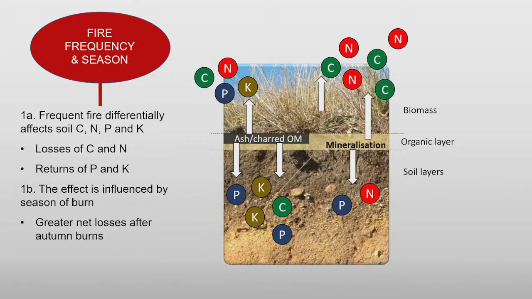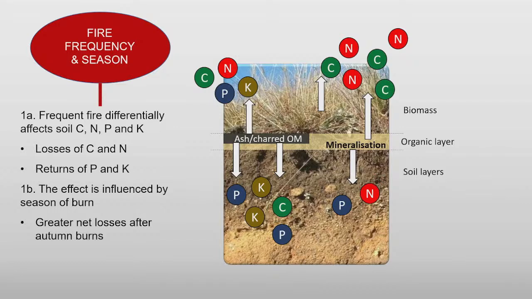We know that significant amounts of carbon and nitrogen are lost from volatilization, but also that phosphorus and potassium are deposited in mineral forms after fire through the ash or charred organic matter.